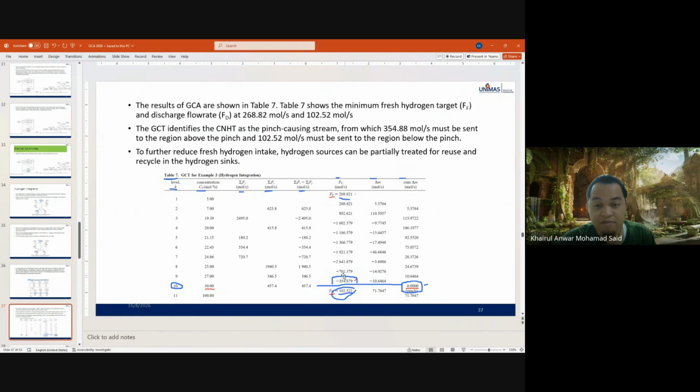So the value 354.102 is coming directly from the GCT.